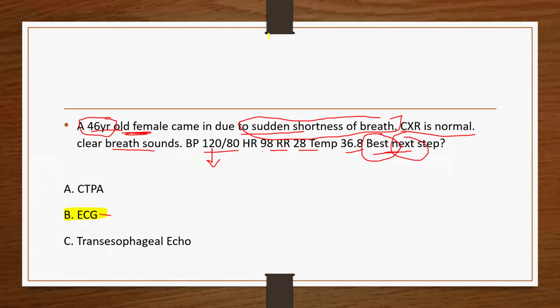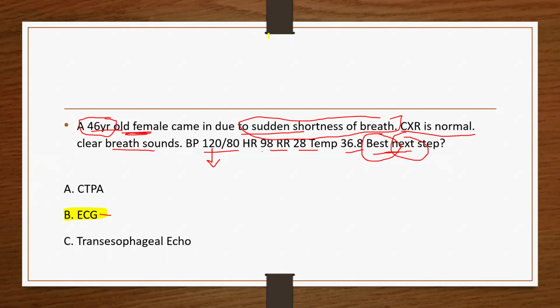For the confirmation of pulmonary embolism, you need to do a CTPA or a VQ scan. Not this case, I'm just telling a separate case. For that, you have to go for a CTPA or VQ scan as the best step.